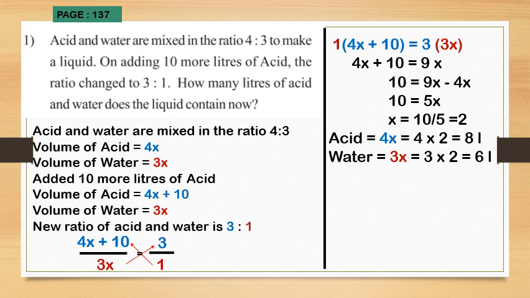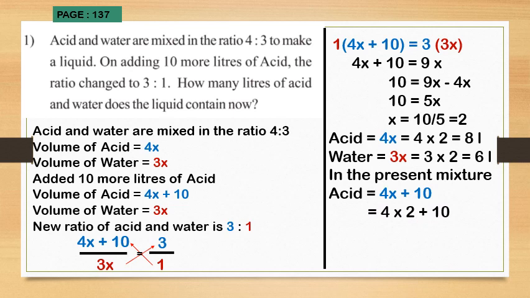Substitute x equal to 2, we get 3 into 2 equal to 6 liters. In the present mixture, volume of acid equal to 4x plus 10. Then substitute x equal to 2, we get 4 into 2 plus 10, which is equal to 18 liters. Then next volume of water, that is 3x, 3 into 2 equal to 6 liters.